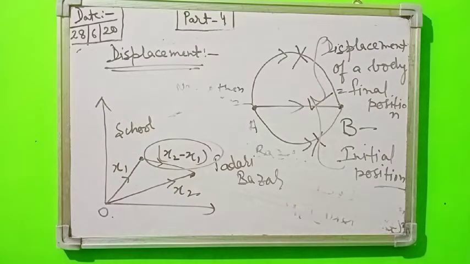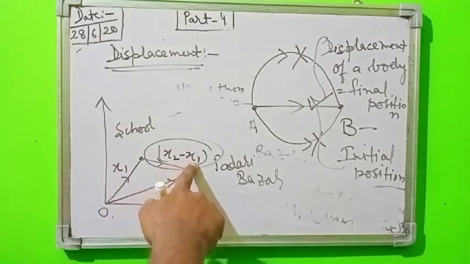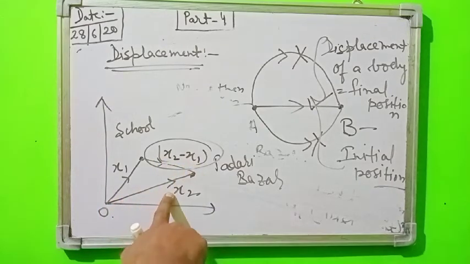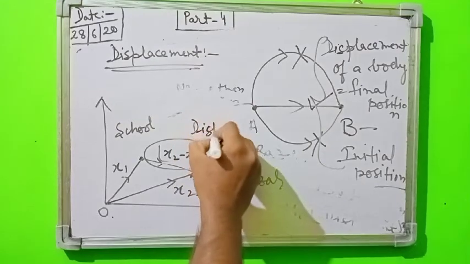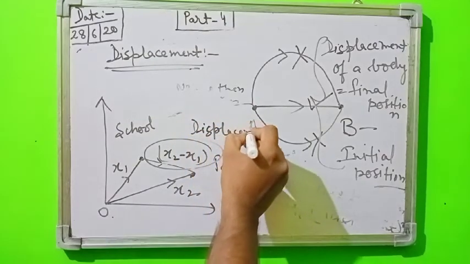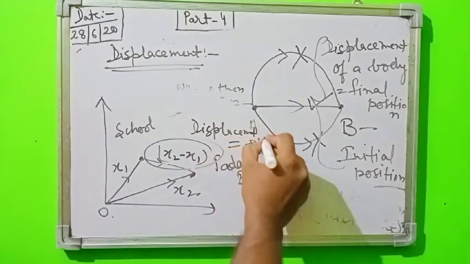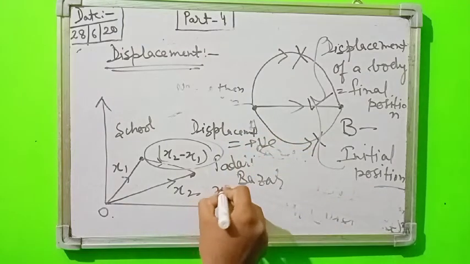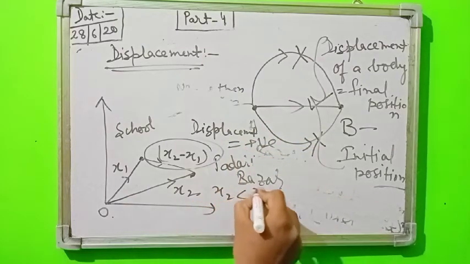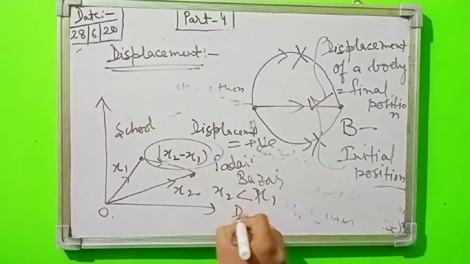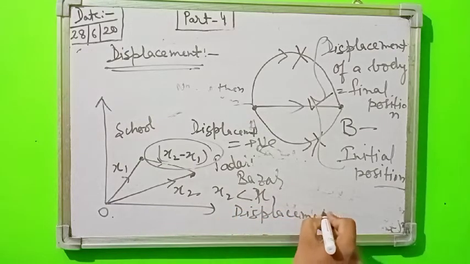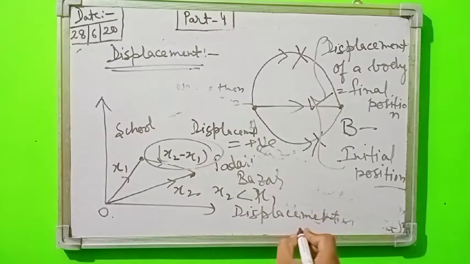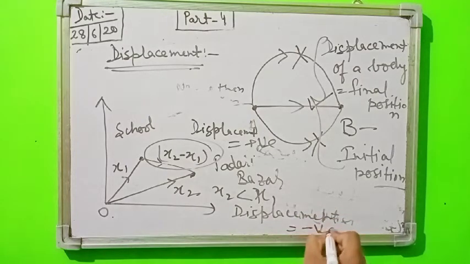Now if x2 is greater than x1, then displacement will be positive. If x2 is less than x1, then displacement is negative.